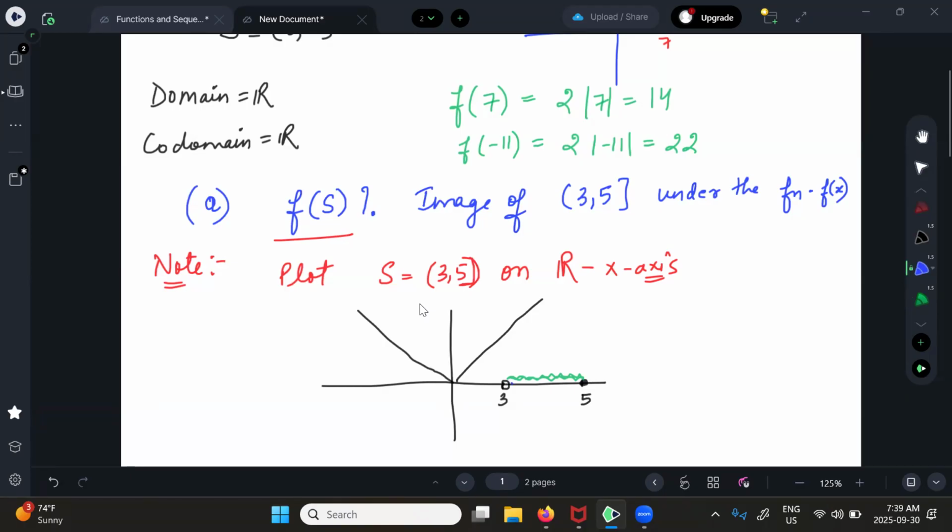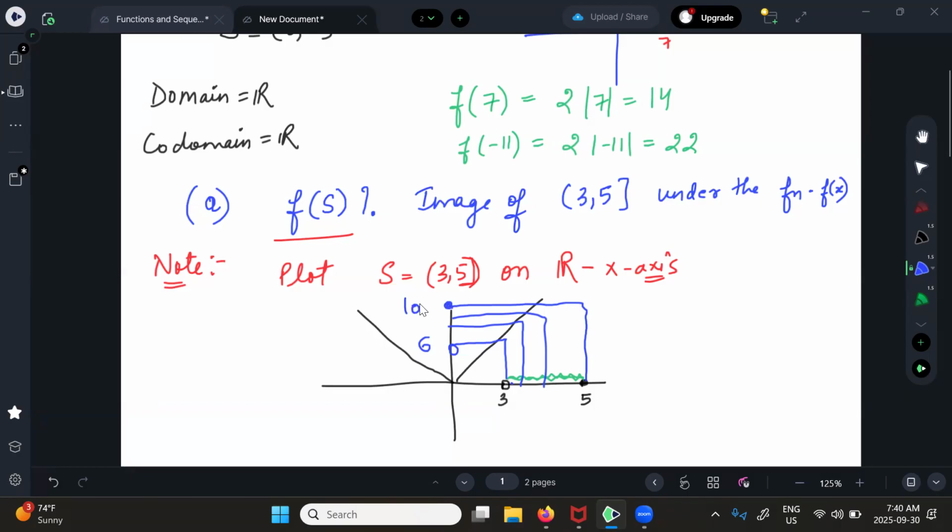So how do I know? Well, 3 will go to 6, but 3 is not included, so we cannot include that. And everything above 3 will go to everything above 6. But the end point, we are interested in the end point now. It will go to 10, and it's included, right?